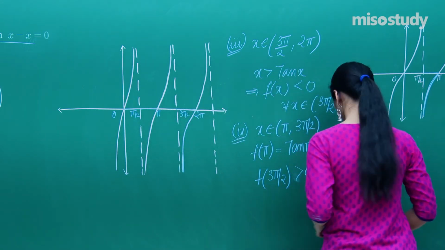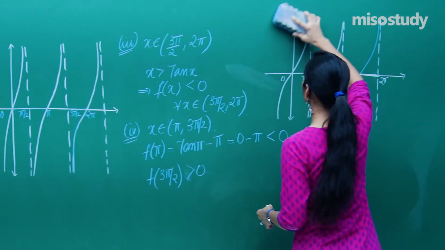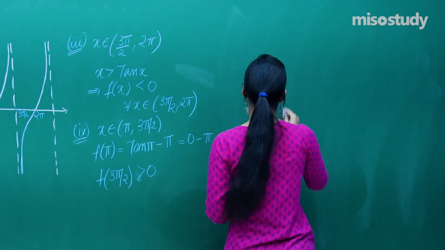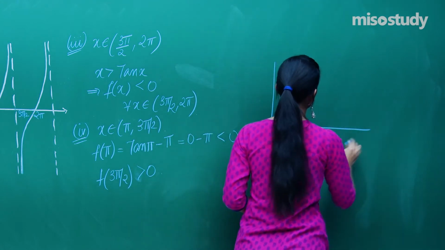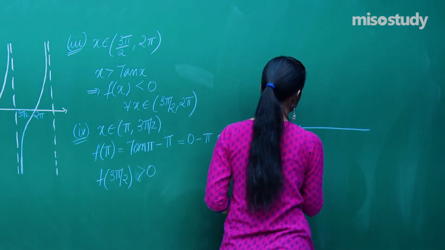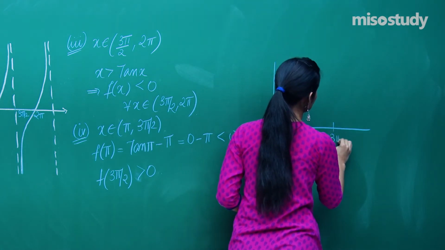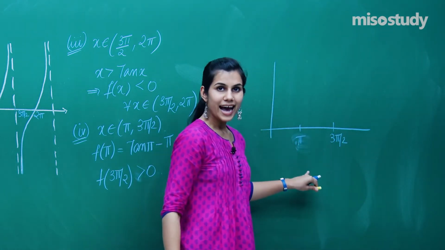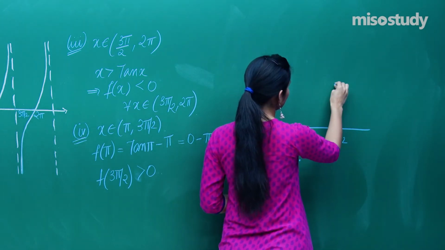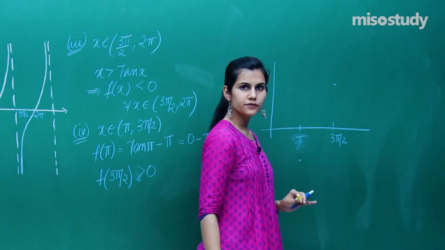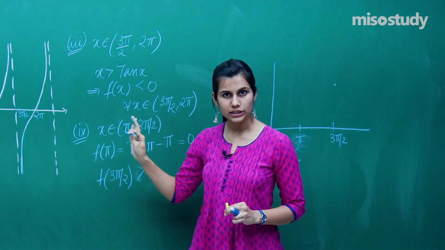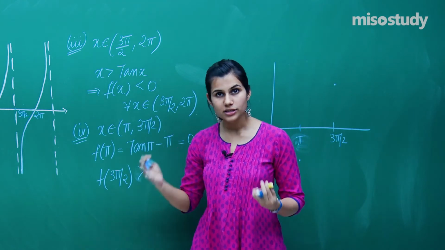That means for the function f, if suppose this is pi and then this is 3 pi by 2. At pi, it is negative. At 3 pi by 2, it's somewhere positive. You know tan function is continuous, identity function is continuous, difference of two continuous functions is continuous.